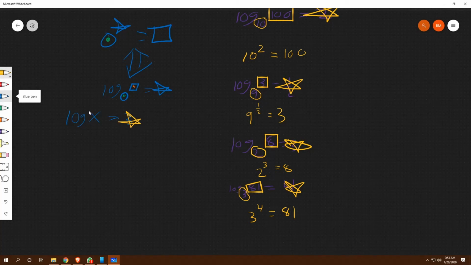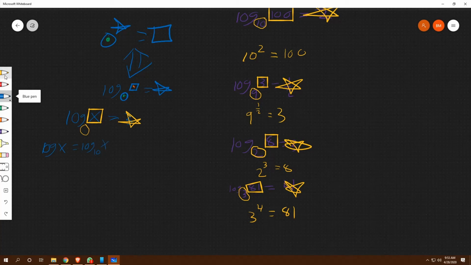We know the x is not a subscript, so it's got to be the square. But we have no base. We have nothing written down here in the base. The reason is that we have a common log. Common log is simply log of x is equal to log base 10 of x.